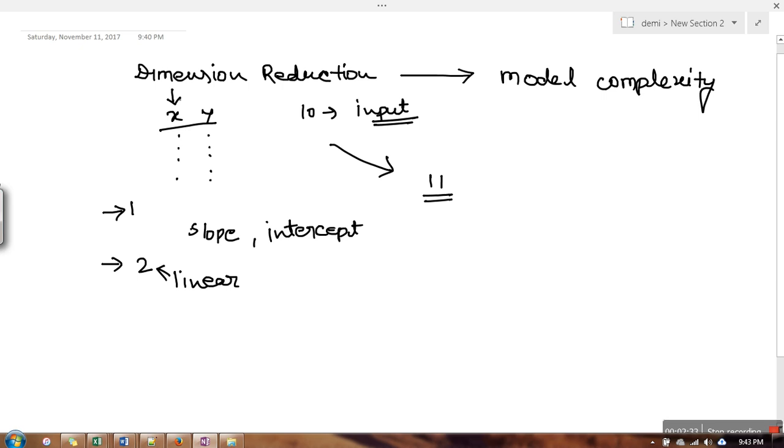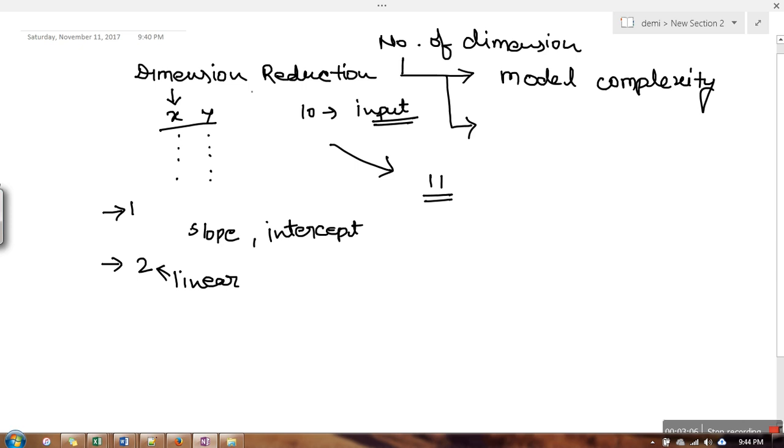In one attribute data we need two parameters for our model. For 10 we need 11. So as we increase the number of input variables, the number of parameters for our model also increases. In simple terms, this is the model complexity. So number of dimensions will increase model complexity. And what is another problem if we are having very high dimension data?